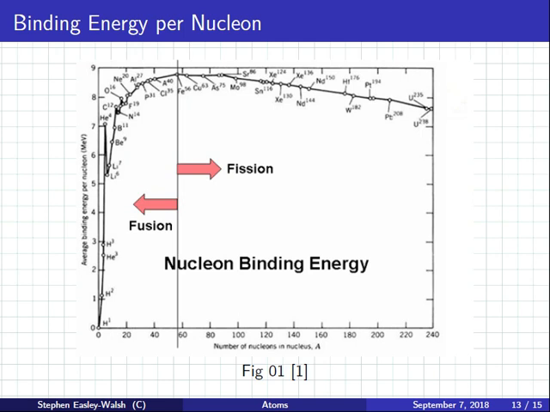So this region of the graph we call the fission region, and this region we call the fusion region. And we'll actually have a lesson later about these two things. So we'll explain exactly what they mean. But roughly speaking for now, this means it's easy to break it open, and this means it's easy to stick it together, fuse it together.